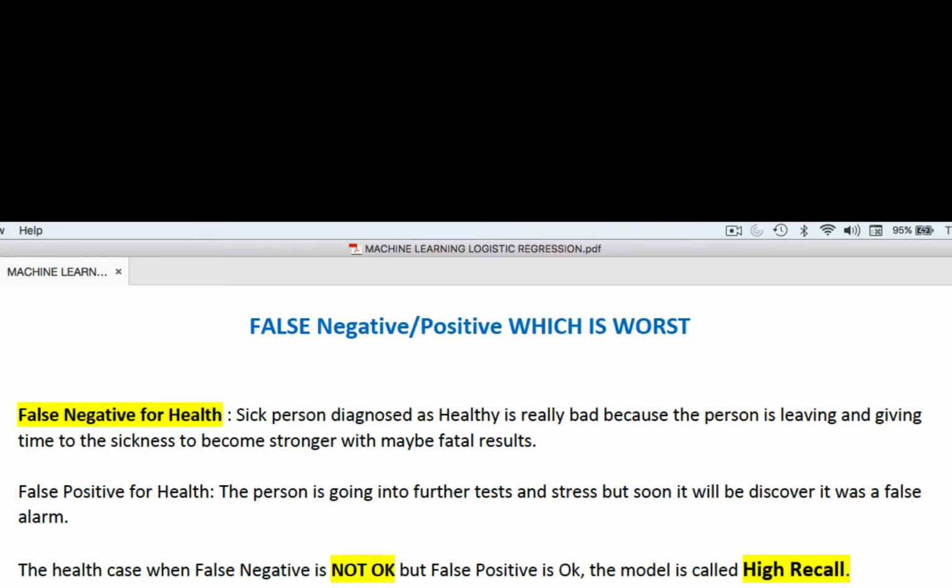Instead, with a false positive for health, the person is going into further tests and stress, but soon it will be discovered it was a false alarm. In the health case, when false negative is not okay but false positive is okay, the model is called high recall.